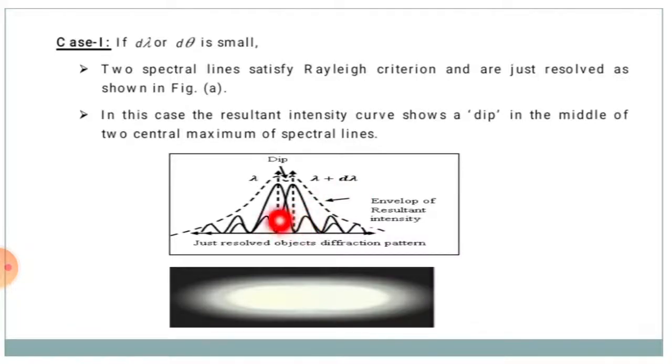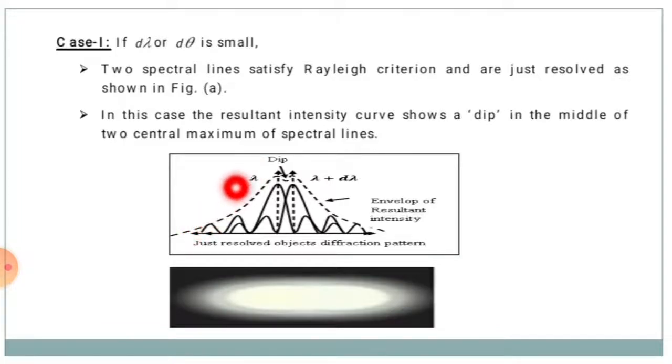According to Rayleigh's criterion of resolution, the two spectral lines are said to be resolved, meaning seen as separate. The two spectral lines of wavelength lambda and lambda plus d lambda satisfy this condition. And the resultant intensity pattern has a dip at the middle of the two spectral lines.